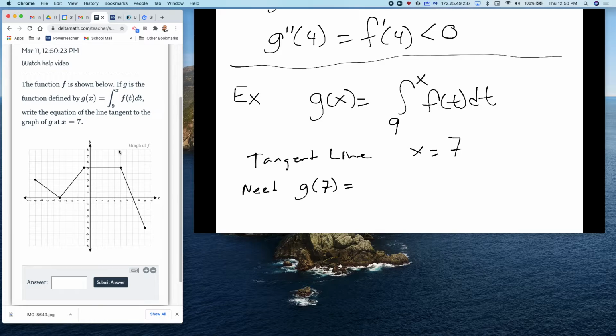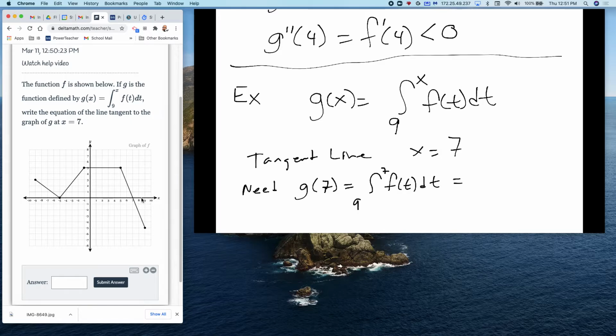Well, g of 7 is the integral from 9 to 7. That's important, starting at 9, going back to 7, of f of t dt. Notice that that's this area right here from 9 to 7. It's that space underneath the curve if this is the graph of f. Notice that that's below the x-axis, which you'd think, well, maybe that's negative.